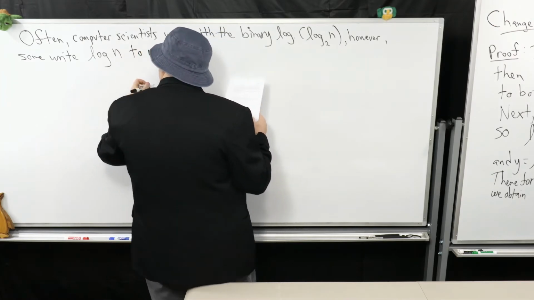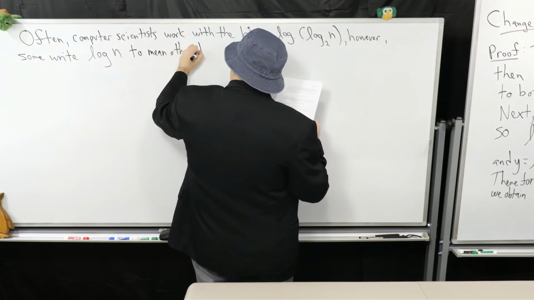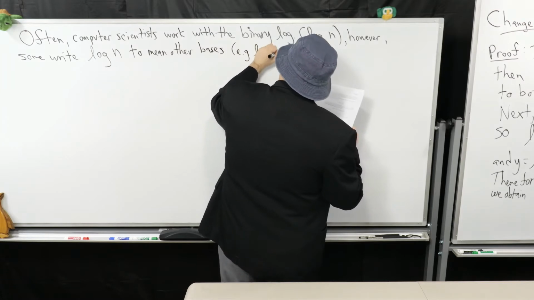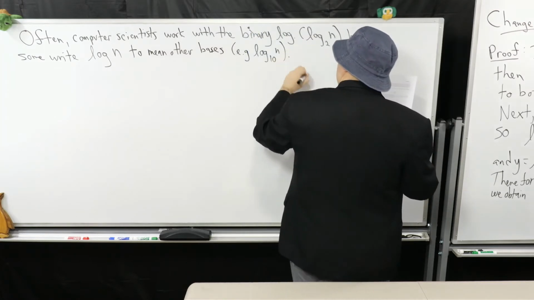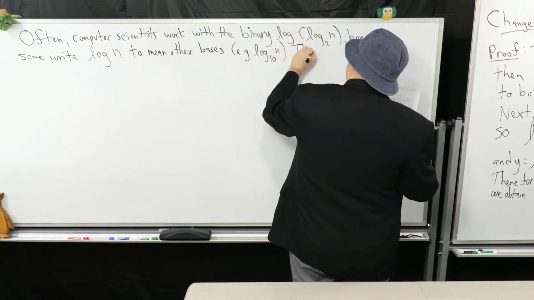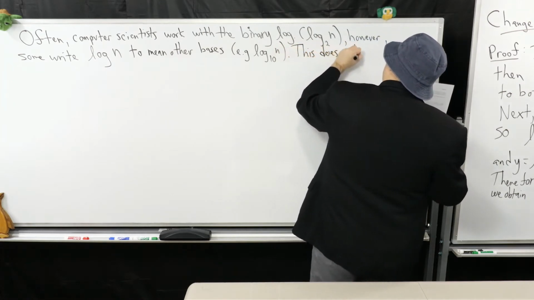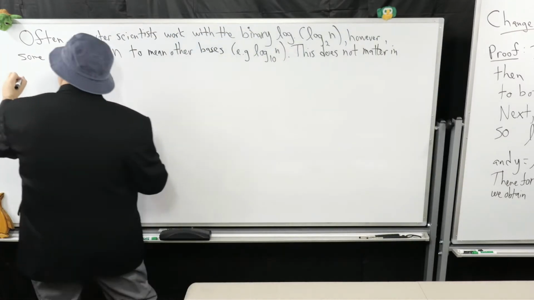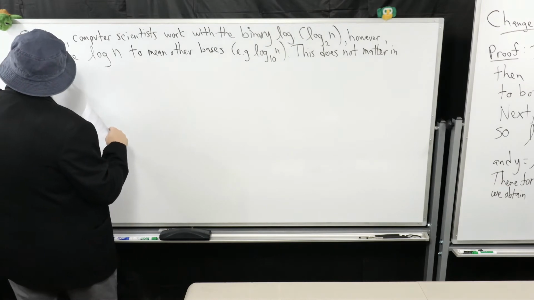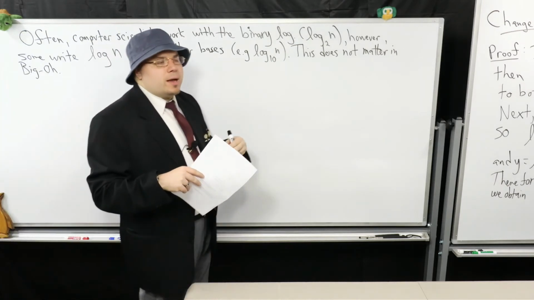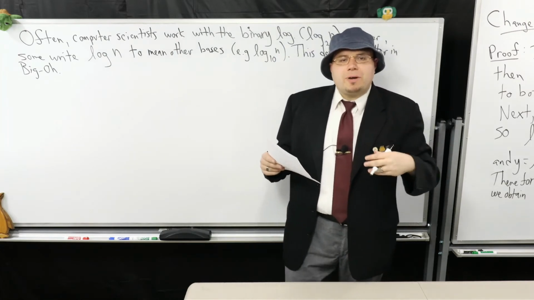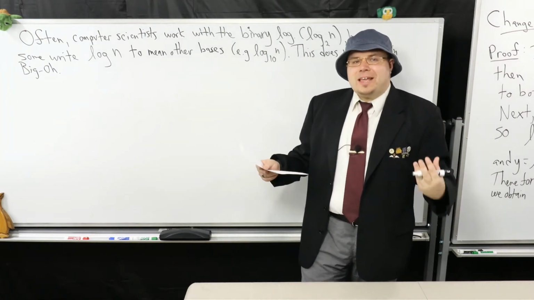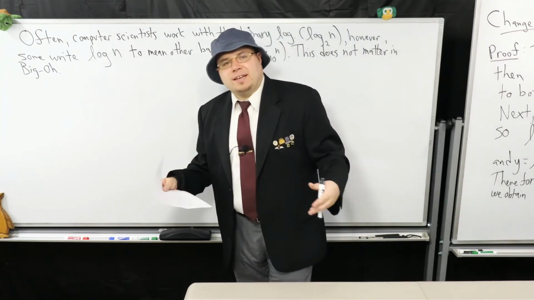So I'm going to say summate log n to mean other bases. Example, log base 10 of n. I'm going to say this does not matter in big O. So very often what I'm going to be telling you is that if somebody just writes big O of log n, it won't really matter what the base is, even if you're familiar with the convention that usually computer scientists like to work in base 2.